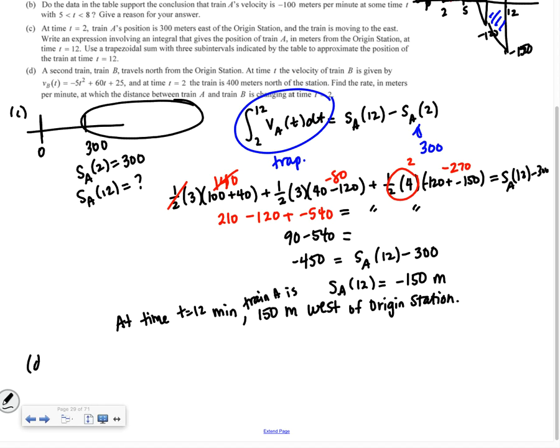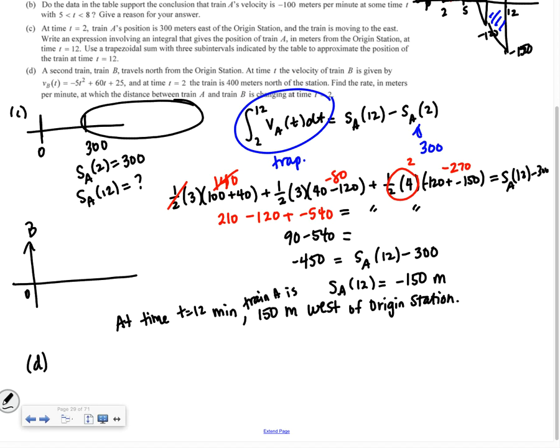All right, and then part D. It says the second train, train B, travels north from origin station. Okay, so train A is going west, and train B, I guess in this case, goes north of origin station. At time t, the velocity of train B is given by v of B equals negative 5t squared plus 60t plus 25.